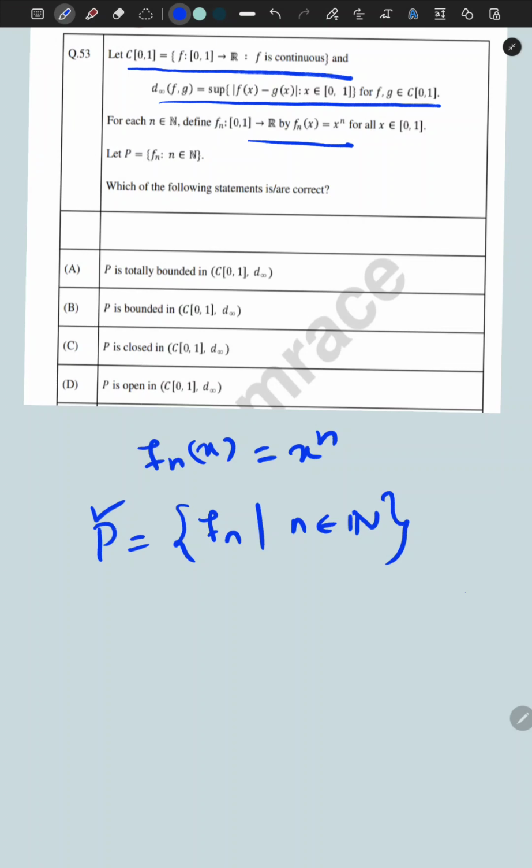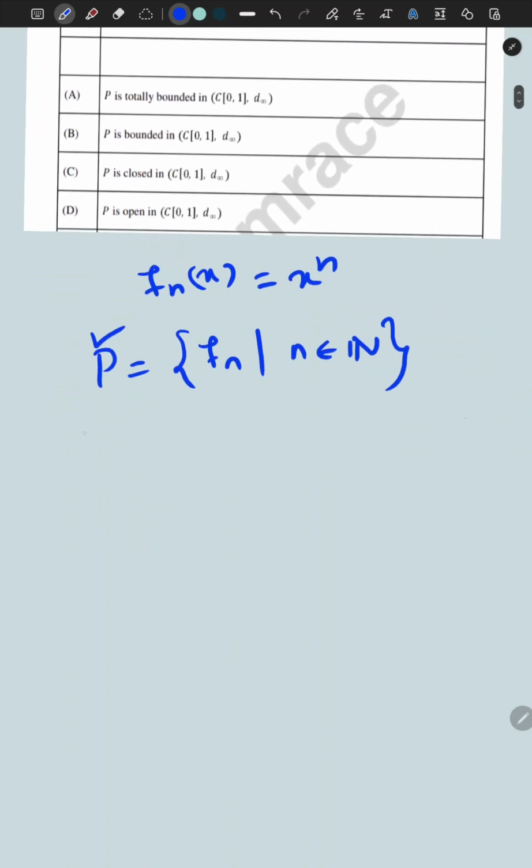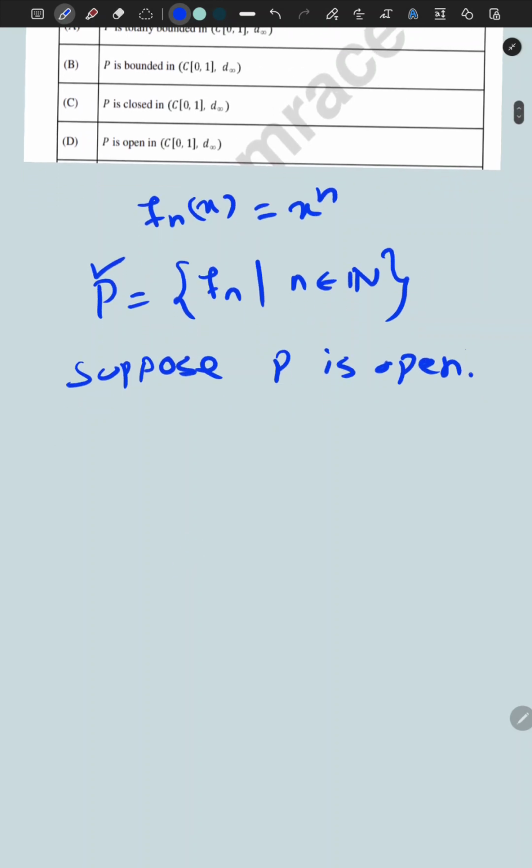Let us check the first option, D. It is saying that P is open. Suppose P is open. P open means every point in the set P is an interior point. For example, let f_1 belong to P be an interior point.